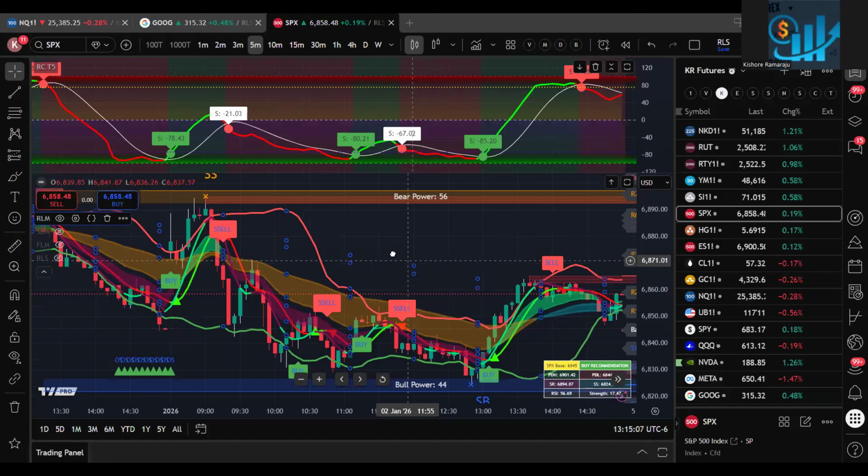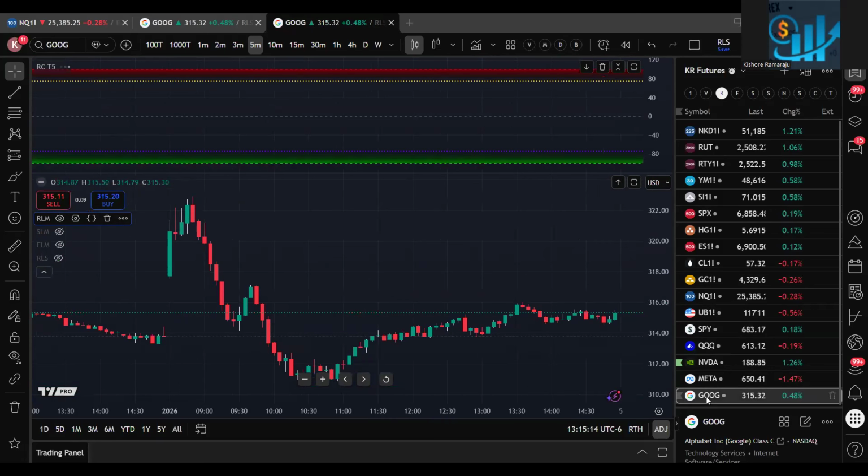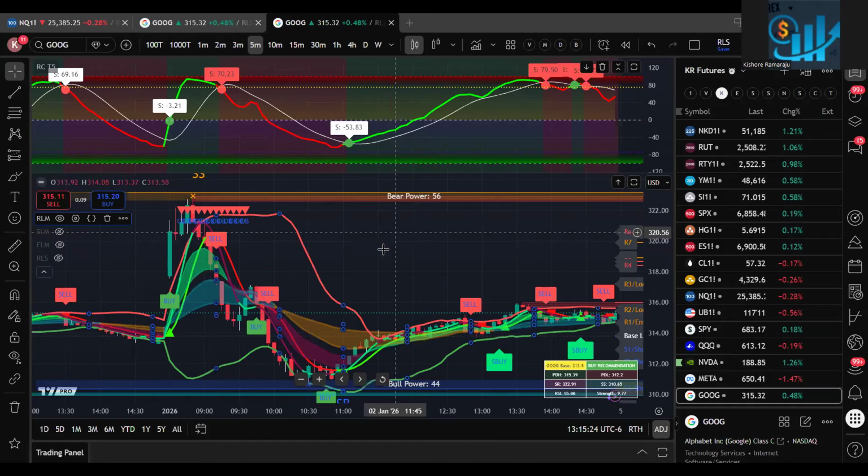Generally it works the same way. For example, if you see Google, you get all these levels even before the market opens. So we are not looking at where the market is opening. It opened nearly above R8, and immediately there was a huge drop.